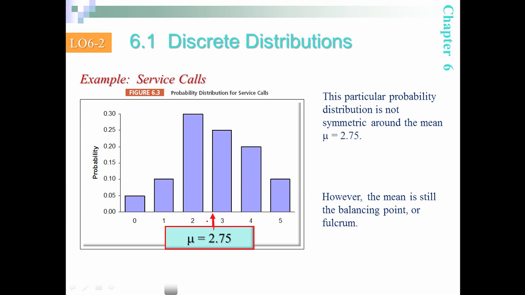So this is a non-symmetric distribution. These values over here are much smaller than these values over here, and there's no symmetry here. But you might say, where would I put a fulcrum if I were going to try and balance all of this stuff out? And it turns out that 2.75 is the point that would balance all these things. So that's another way to think of the expected value.